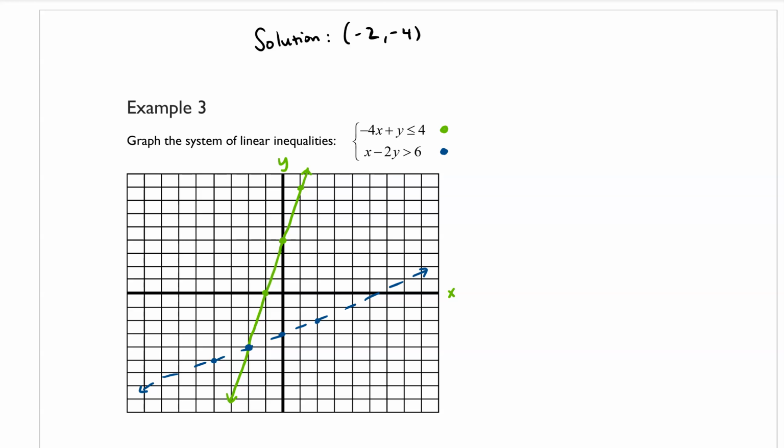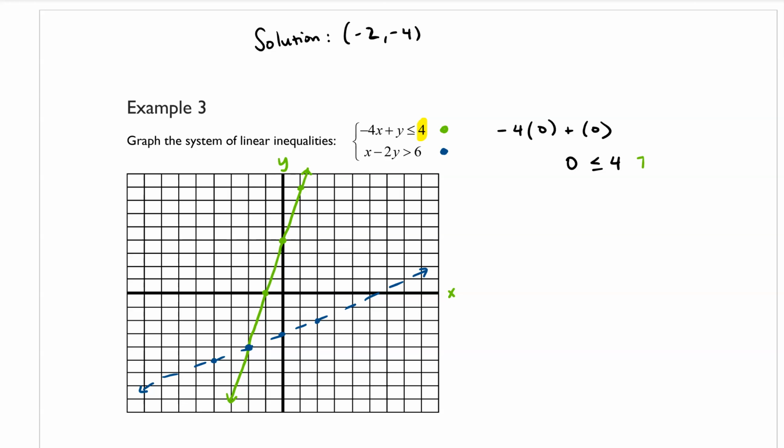So let's start with our green line and let's plug in the point (0, 0). So -4 times 0 plus 0. If we simplify that, that is equal to 0. Is that less than or equal to the value that we have here, 4? It is.